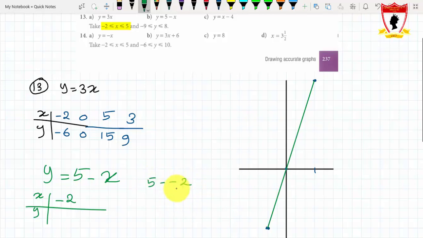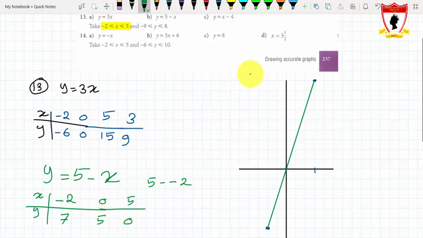Minus minus will be plus. 5 plus 2 is 7. As a calculator is allowed in both papers, you can check these quickly with a calculator to save time. And then if we put 0, 5 minus 0 is 5. 5 minus 5 is 0.